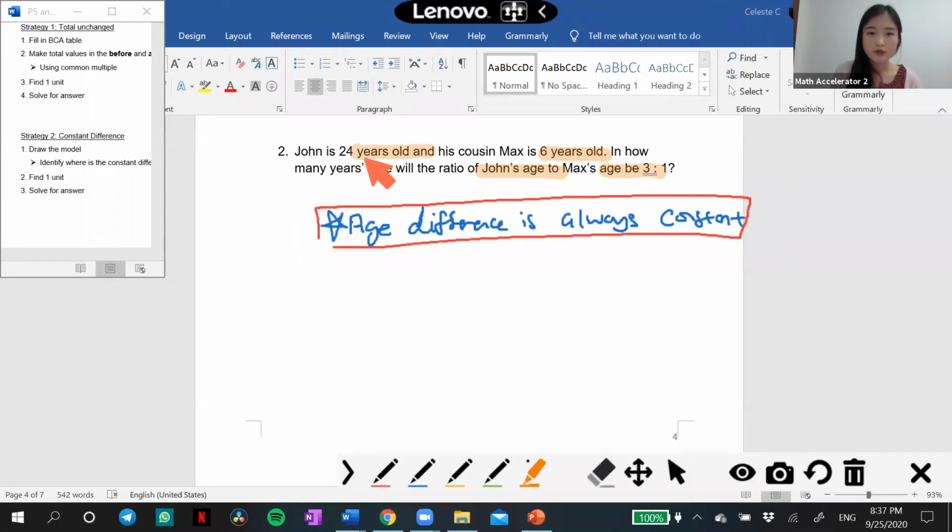John is 24 years old and his cousin Max is 6 years old. In how many years' time will the ratio of John's age to Max's age be 3:1? Right, so you have now and in how many years' time? So let's draw the model for John and Max.